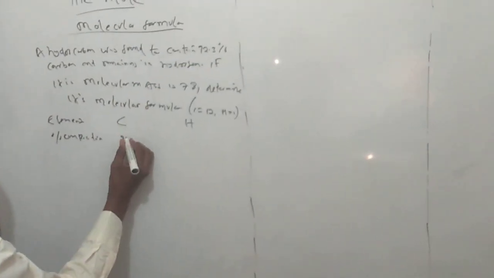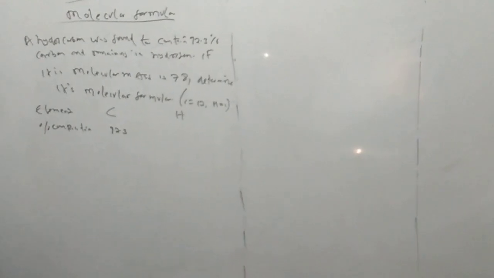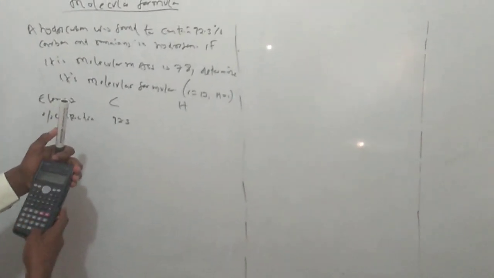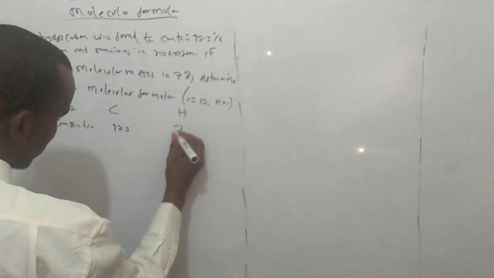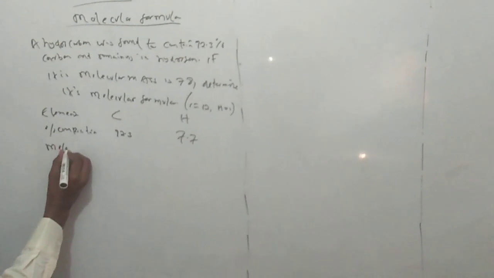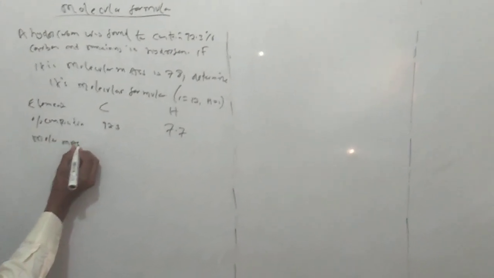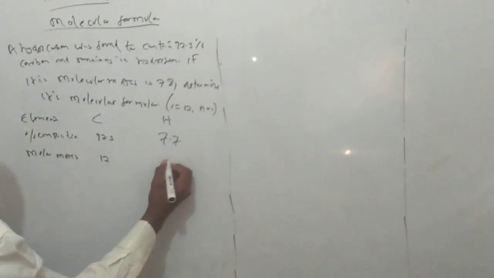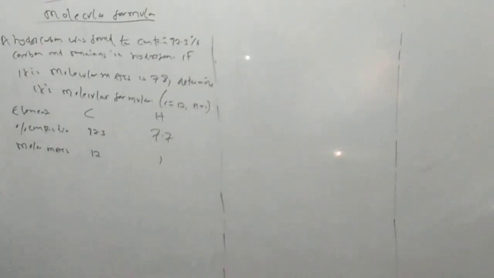Carbon is 92.3. For hydrogen, we take 100 minus 92.3, which gives 7.7. Then we write the molar mass. For carbon it is 12, for hydrogen it is 1. This is given in the question.